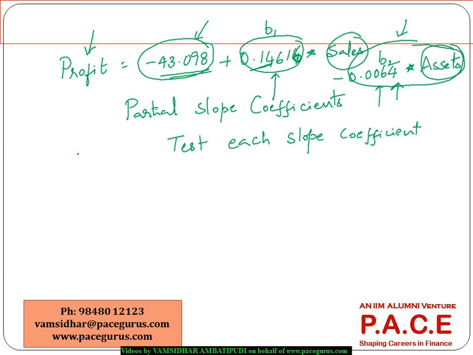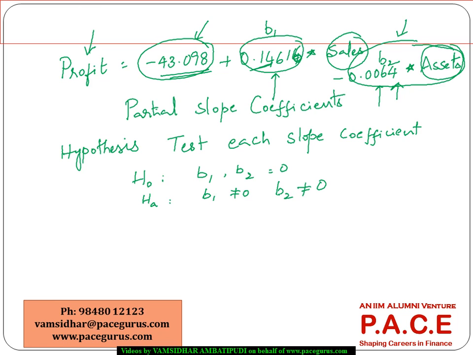Hypothesis testing I have to do on each of the slope coefficients. Just like in a simple regression process, my null hypothesis will be that the variables b1, b2, etc. are all zeros, whereas my alternate hypothesis says no, they are not zeros: b1 not equal to 0, b2 not equal to 0, and so on.